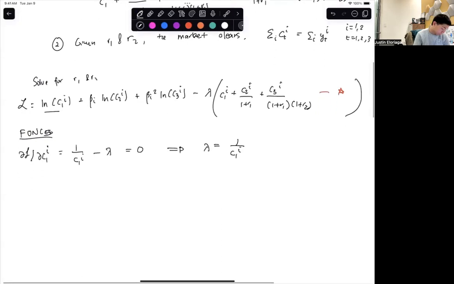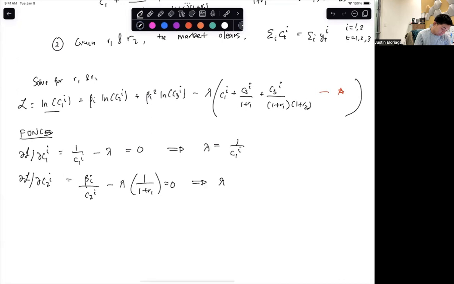Then for C2i, it is beta i divided by C2i minus lambda times 1 over 1 plus R1 equal to 0, which implies that lambda is equal to beta i (1 plus R1) divided by C2i.